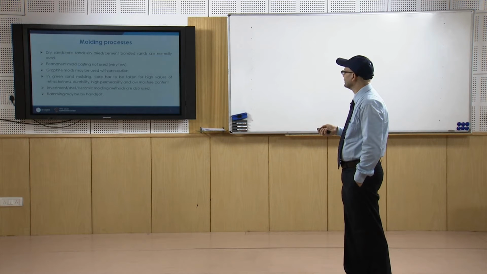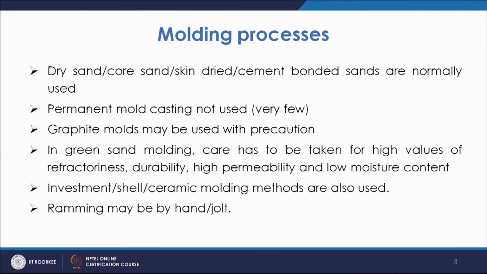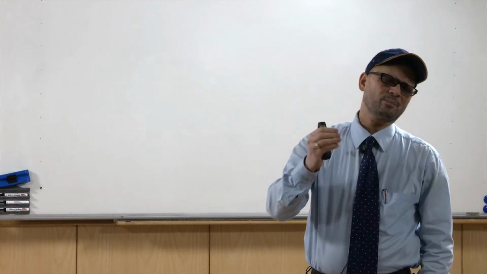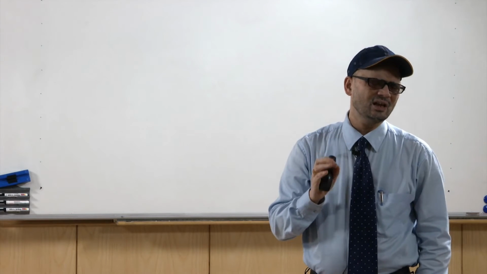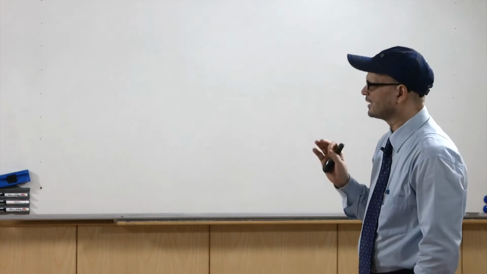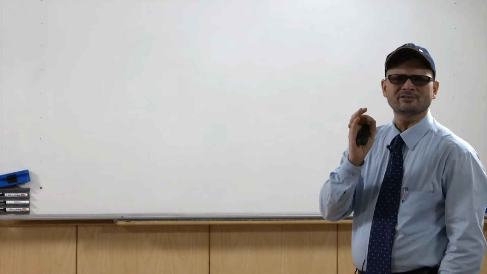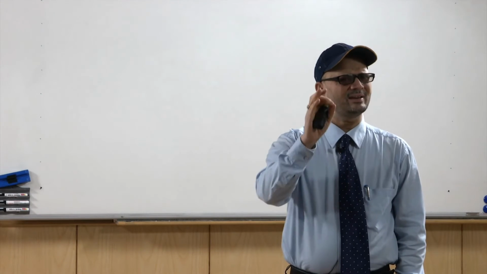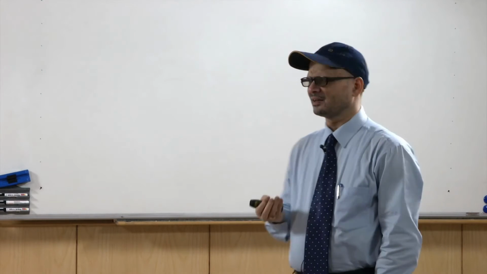You will have to use high permeability, because in green sand molding practice you will have moisture, and since you are pouring at a very high temperature, the solubility of gases is also more at high temperature, and also the moisture even at high temperature will form gases.